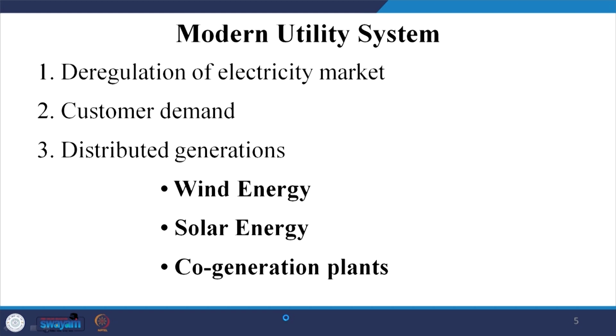Now, with the penetration of the modern system, we have seen a commercialization aspect, and this is the deregulation of the electric market. What does that mean? You generate power and go to the power market and say that you are selling at 5 rupees.